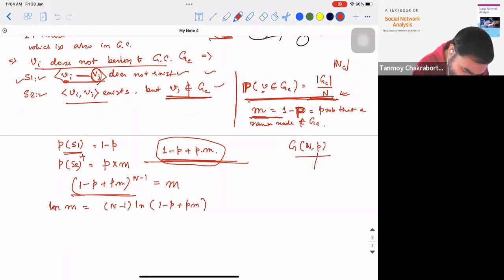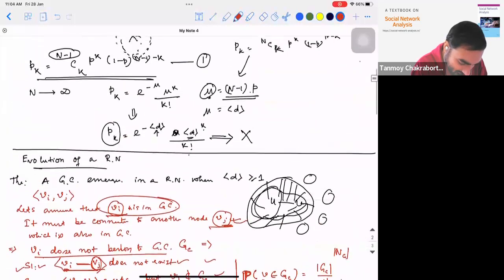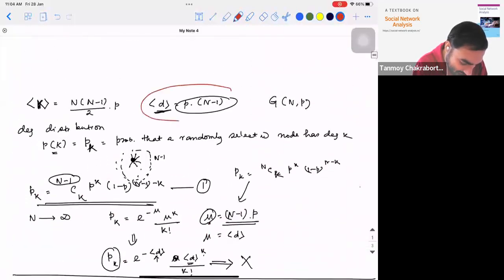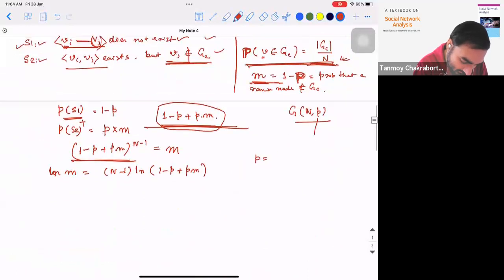What is p? p is the probability of forming an edge, and we have already seen that p is mod d by n-1.